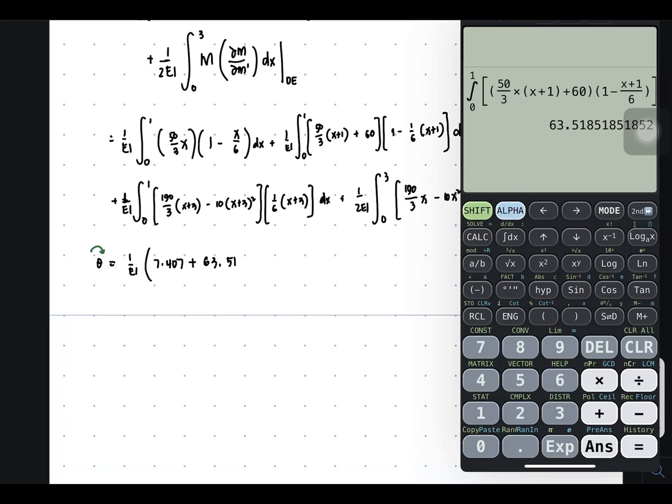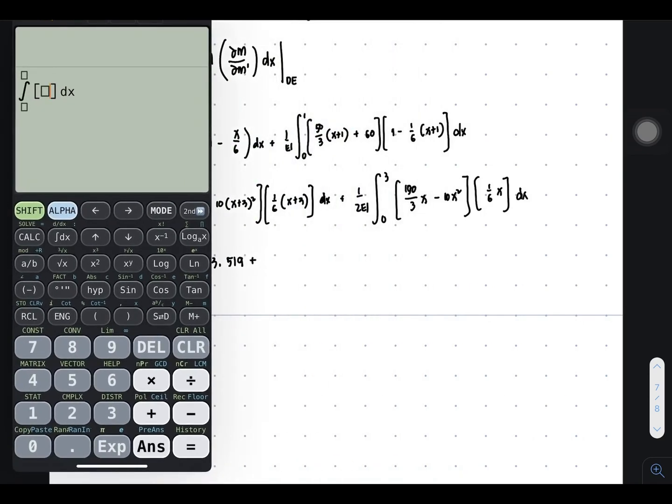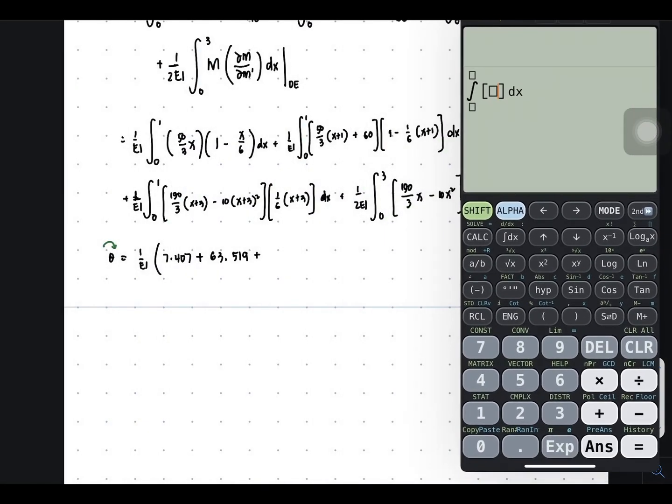That's 63.519 plus the integral of 190 over 3 (x plus 3) minus 10 times (x plus 3) squared, close it, times (x plus 3) over 6, and the limit is from 0 to 1. So that's 57.268.